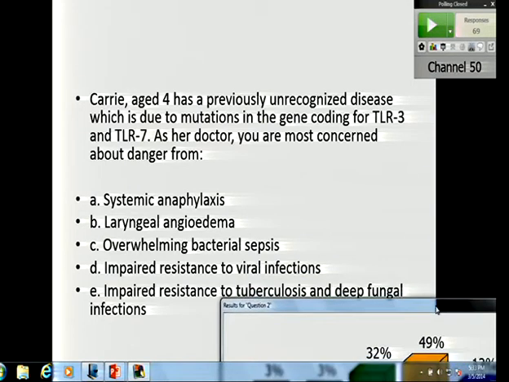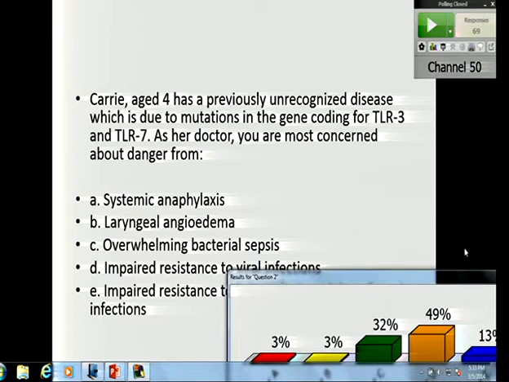So these two toll-like receptors, what do they bind to normally? 3 and 7, the odd numbers, they bind to viruses. Just at random, remember the even numbered ones, 2, 4, they bind to bacteria.